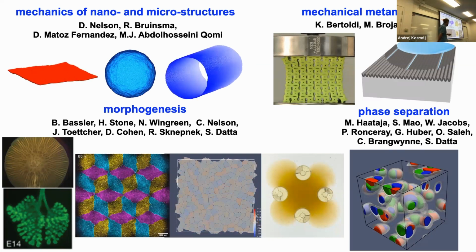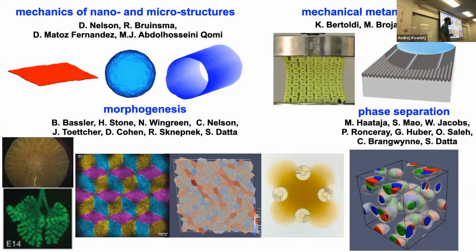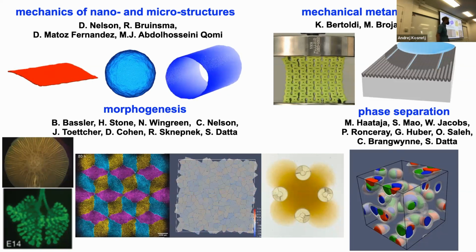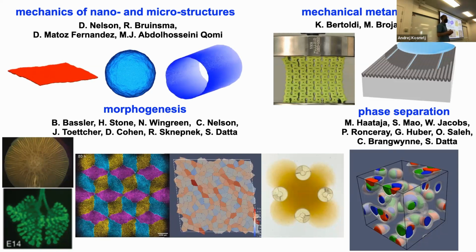Together with my colleague Sujit Dara, we've also been looking at synthetic morphogenesis. Instead of working with biological tissues, we work with swelling hydrogels that swell around obstacles to see how they conform around these obstacles. Interestingly, what we found is that depending on the geometry of these obstacles, there are some regimes when these hydrogels can just tear themselves apart.